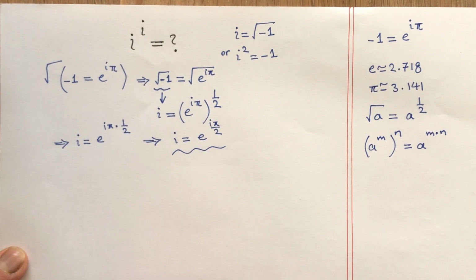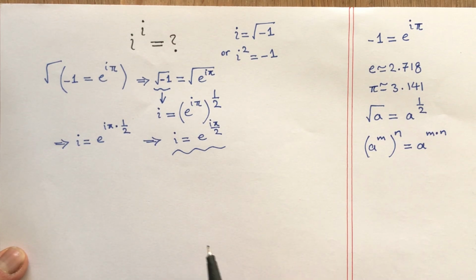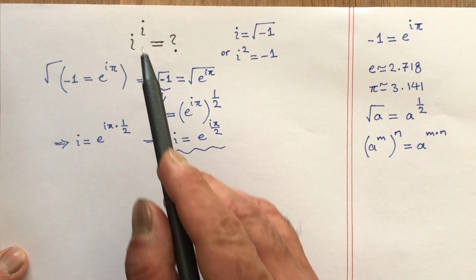This is the definition of i in another language, in the language of the Euler constant. But we want to find the solution of i to the power of i.